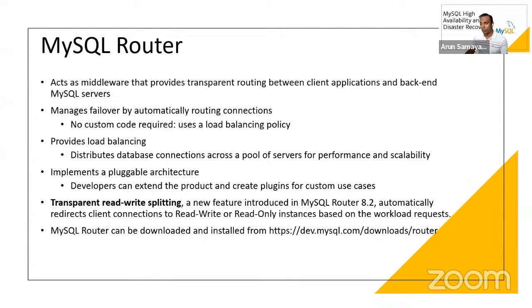And one of the things that I wanted to call out is the new feature that was introduced in MySQL Router version 8.2. That is called transparent read-write splitting. Depending on the nature of the queries that we are writing to the database, for example, if you are writing select queries, since it is a read type of query, the router will automatically know this is a select query and this is for reading data.